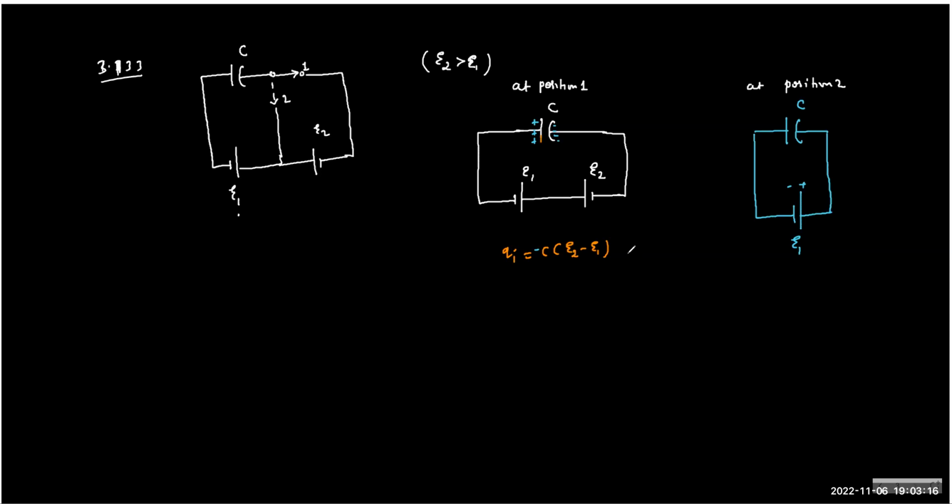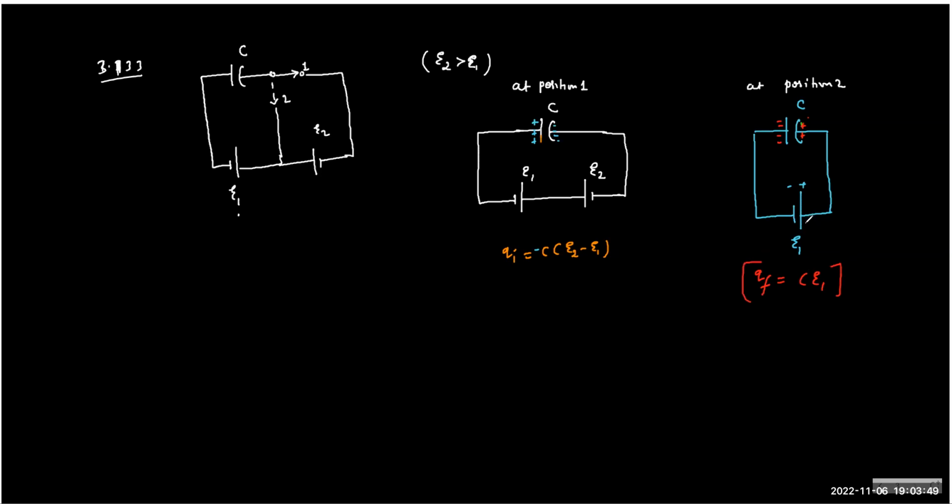So what is the charge on this plate right now? How much charge is here? I think you all have forgotten the capacitor chapter. CE1, right? Yes.